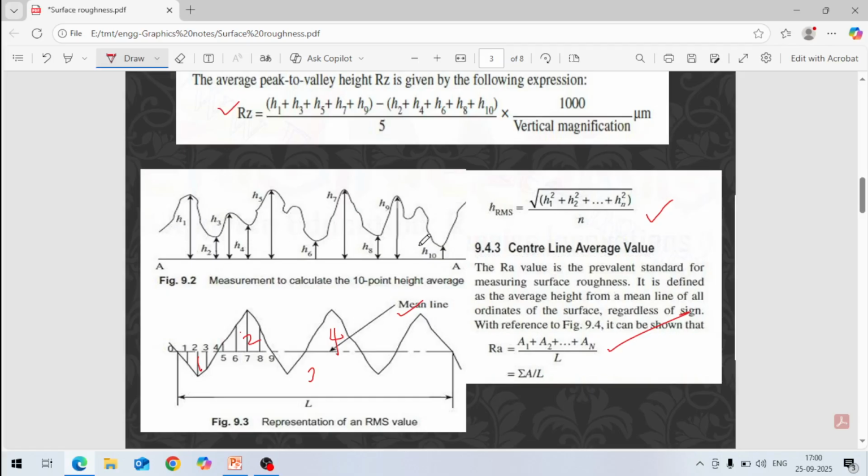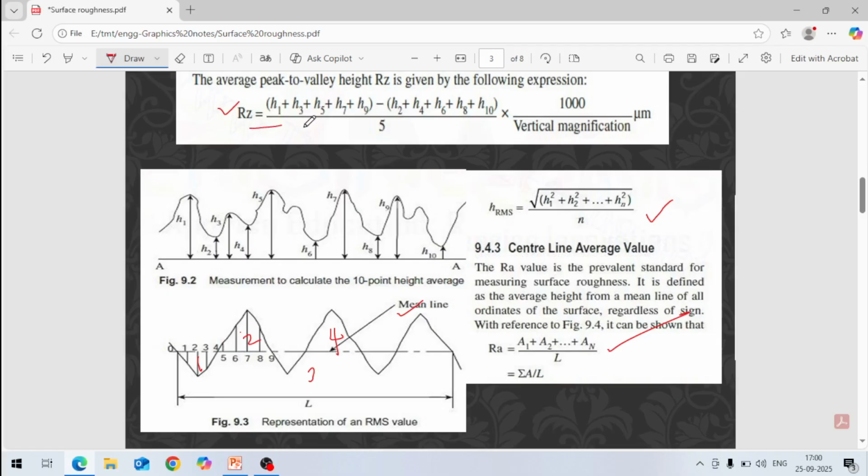So we take 10 points, and H1 plus H3 plus H5 plus H7 plus H9, all the peaks, we add here, minus all the valleys, H2 plus H4, H6, H8 and H10. Then we divide by 5. So this will be the value of RZ, multiplied by 1000 divided by vertical magnification. So it will come in microns. This way we can calculate the value of RZ also.